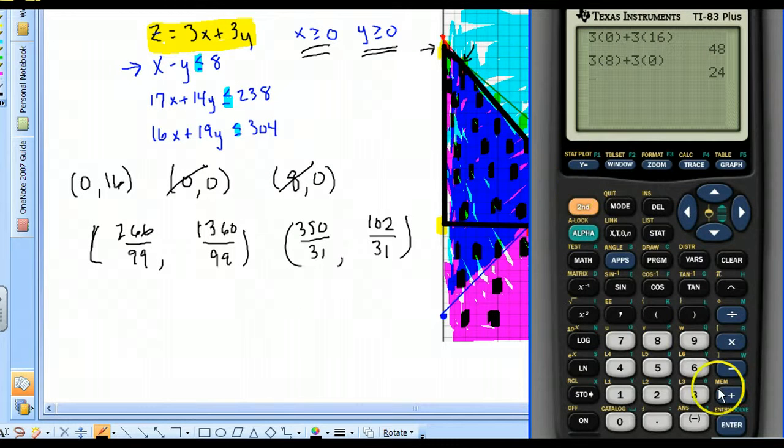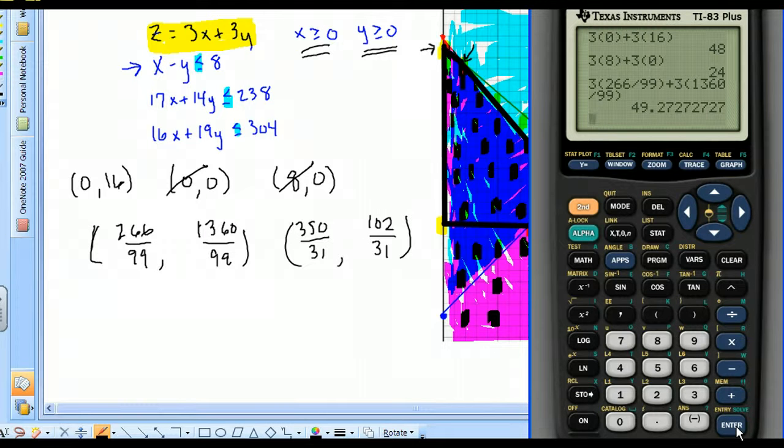Do it again. This time we're going to put in 266 over 99 for x, and then the same thing 3 times 1360 over 99 for y. Hit enter.